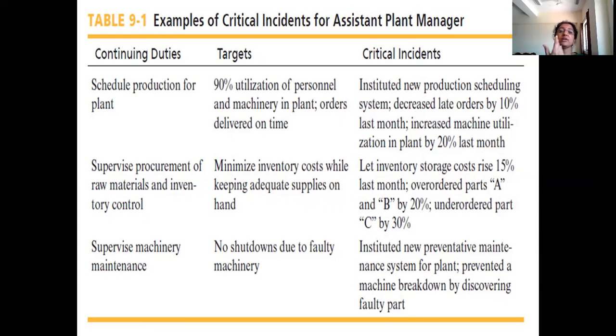The plant manager, who is his superior, will look at all these things and at the end of 6 months will give him advice and appreciation for what good things and bad things he has done. But the disadvantage of the critical incident method is that nothing is numerically quantified.